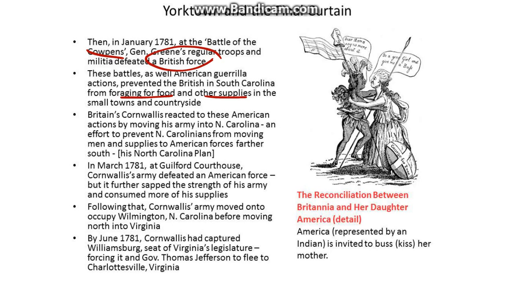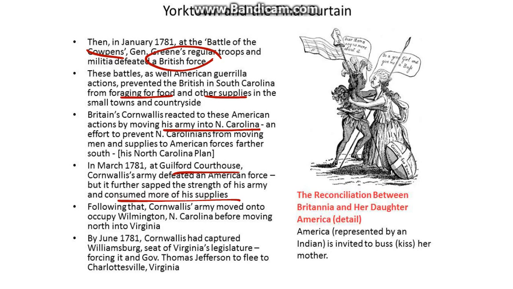Britain's Cornwallis reacted to these American actions by moving his army into North Carolina in an effort to prevent North Carolinians from moving men and supplies to American forces farther south. In March of 1781, at Guilford Courthouse, Cornwallis's army defeated an American force, but it further sapped the strength of his army and consumed more of his supplies.